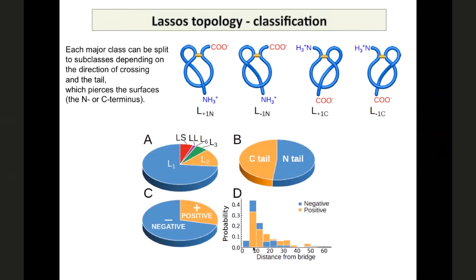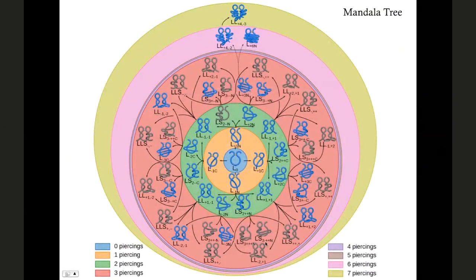So then we can ask a question: if we observe all possible types of lassos in proteins. Here with the green color and the blue color, you can see the lassos that we observe in PDB. So all possible combinations with one piercing. There are also almost all possible combinations with two piercing.